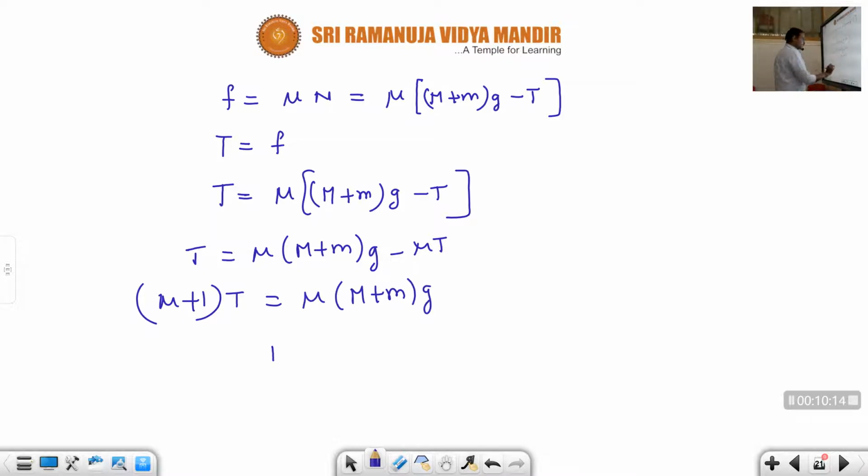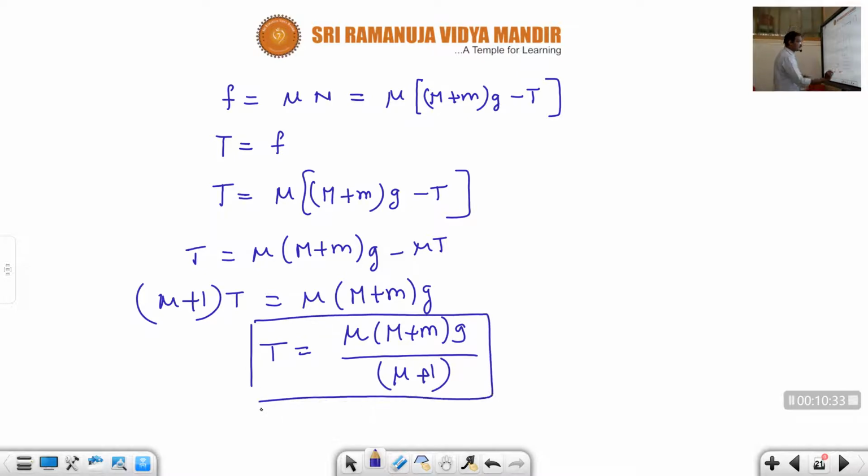Therefore, the tension, which is the maximum force given by the man on the rope to keep the system in equilibrium, is mu of capital M plus small m into g divided by mu plus 1.